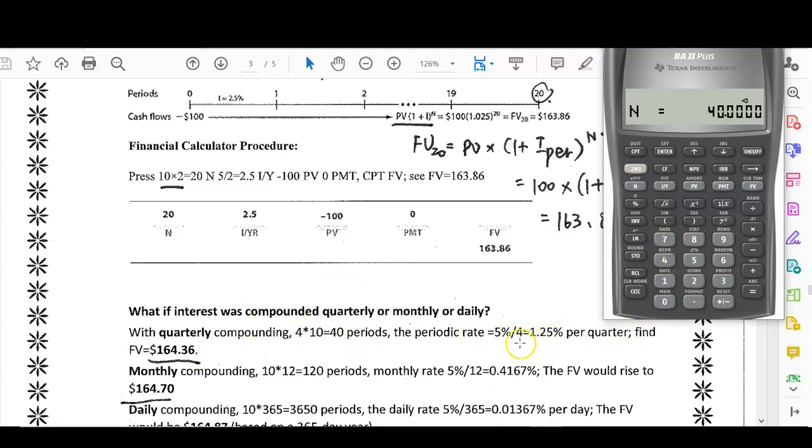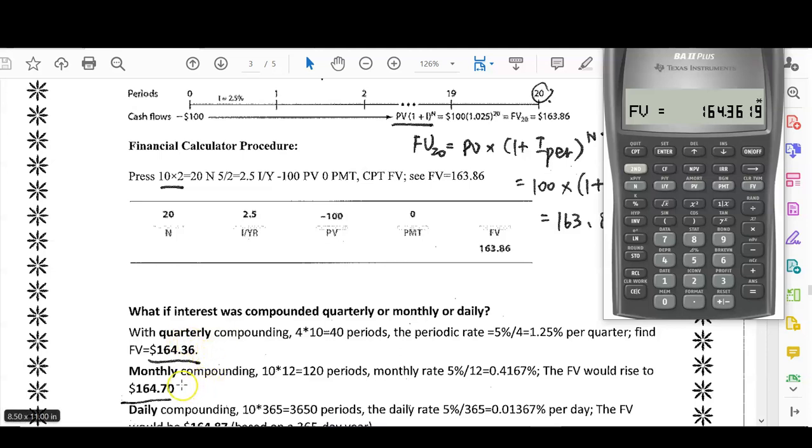And our periodic rate would be 5% nominal rate divided by 4, which is 1.25 as our I. If we have PV and payments the same, compute for FV, we would have an even higher number, 164.36, because now we are compounding at a higher frequency. So this potentially gives us higher interest. The total money we're getting after 10 years is higher if the principal is compounded at a higher frequency.